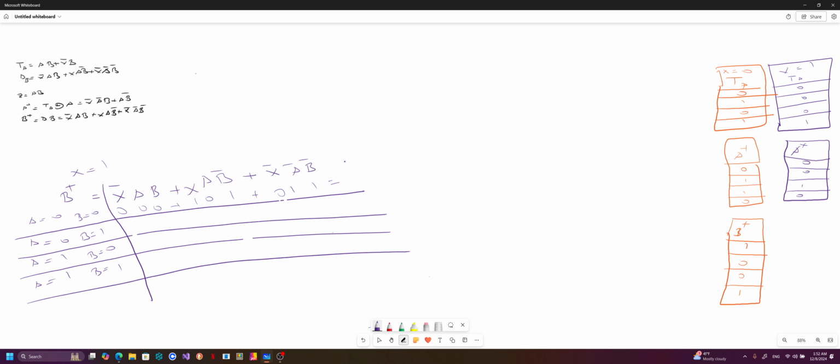So 0 and 0 and 0, 0 plus 1 and 0 and 1, 0 plus 0 and 1 and 1, 0 equals to 0. 0, 0, 1 plus 1, 0, 0 plus 0, 1 and 0 equals to 0 and 0 and 0 equals to 0. 0, 1, 0, 1, 1, 0, 0, 0, 1, 0 plus 0 plus 0 equals to 0.